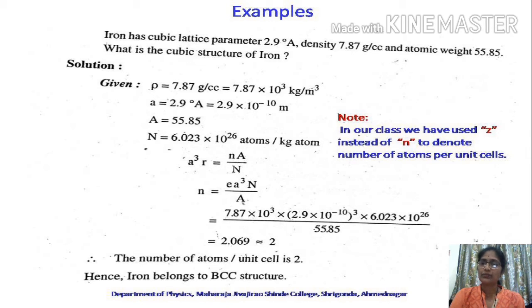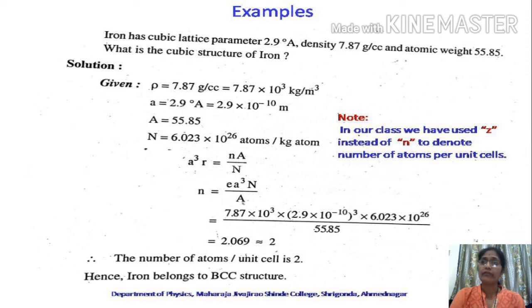In some textbooks it is given by small n also, but as in this chapter we are considering small n as order, we have selected Z. It means that we can represent number of atoms per unit cell by Z or n.